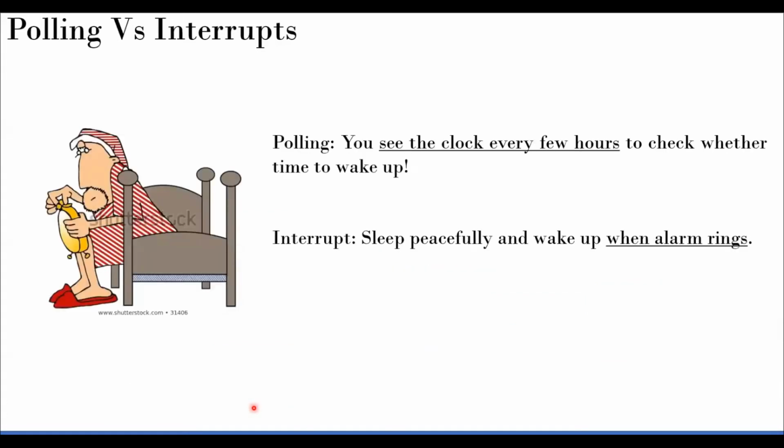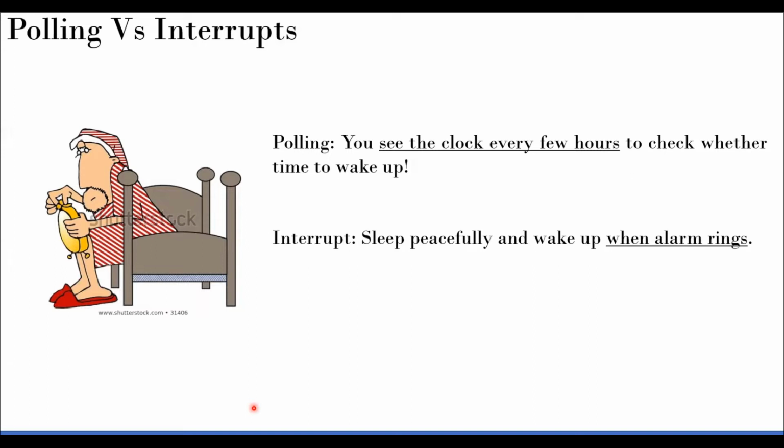In a more intuitive way, the best analogy for the concept of polling versus interrupt is something like an alarm. Suppose I don't have an alarm and I want to wake up at 6 o'clock. What we typically do is we may wake up at some point, immediately see the clock, and the time is not 6 o'clock.